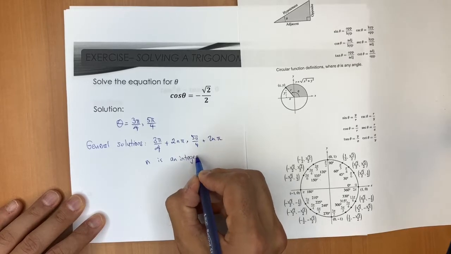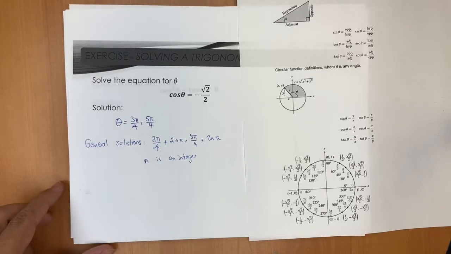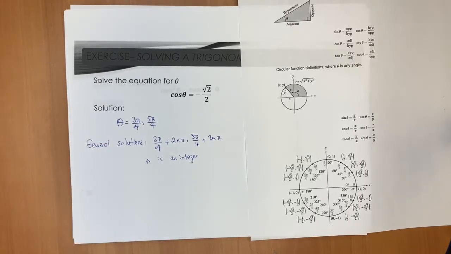By picking n as an integer and substituting back into the general solution, you get a pair of solutions that satisfy cosine theta equals negative root 2 over 2. This way we get infinitely many solutions.